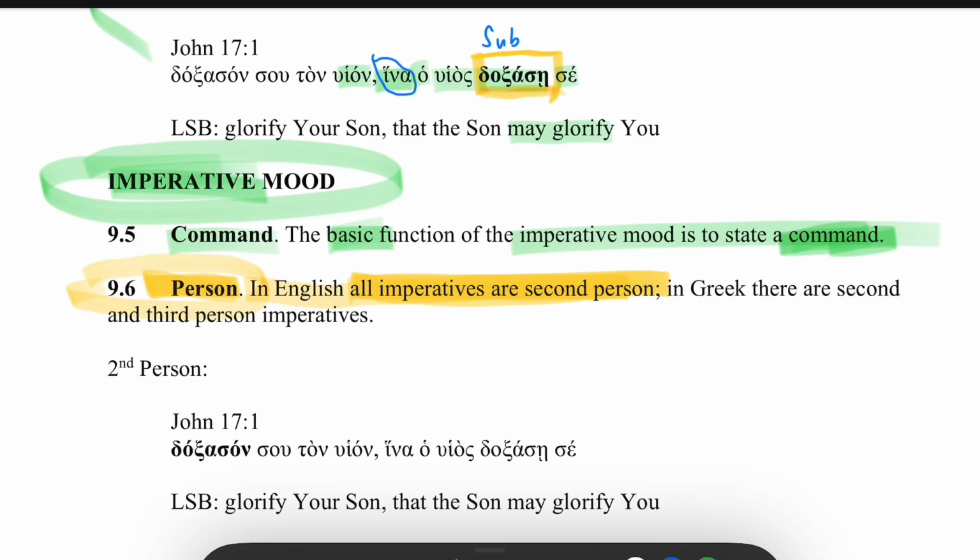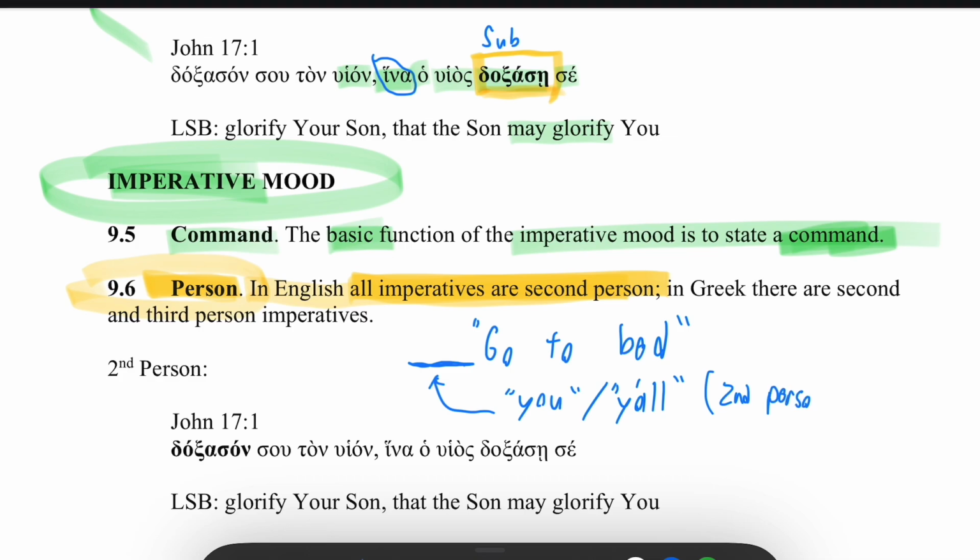So if you hear something like go to bed, there's an implied subject, and the subject is always you or y'all, basically. It's going to be second person singular or second person plural.